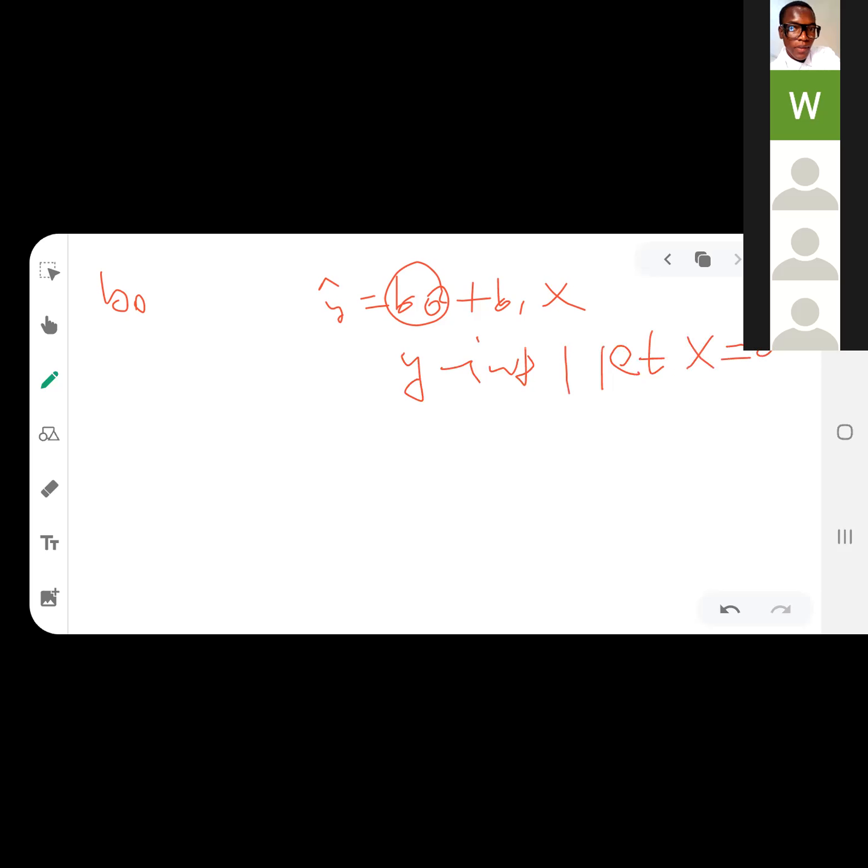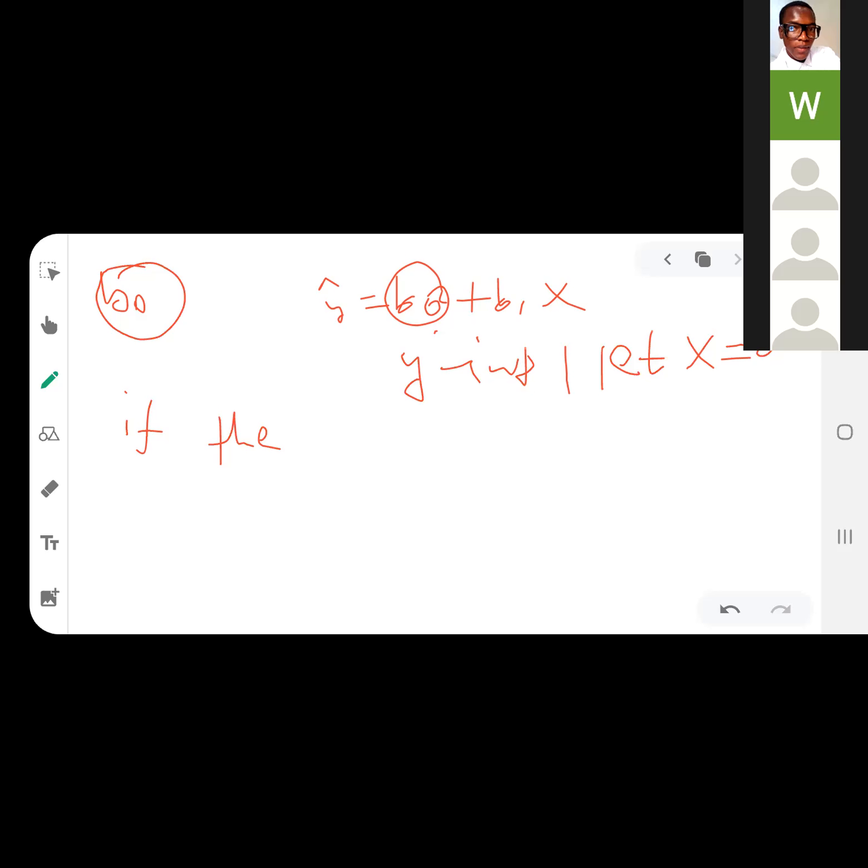Meaning that the interpretation of B0 is: if the value of x, which in this case is the area of advertising sign, is 0, then the estimated number of customers will be the value of B0, the answer that you got as your B0.